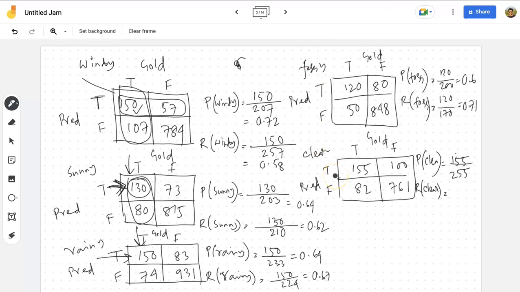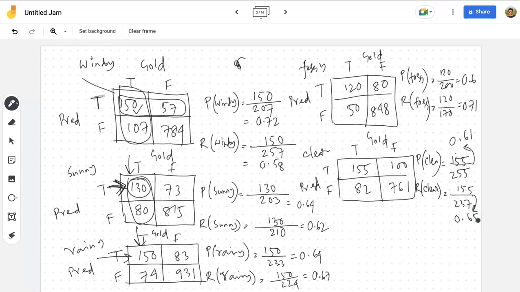And recall will be, what is the class? Clear. So recall will be 155 by 237. So this value is 0.61 and this is 0.65, I guess.